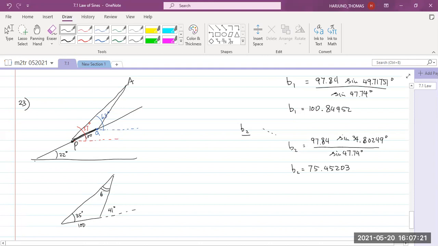I wonder if you remember that one theorem in geometry. 41 degrees is this. You see that this angle here is 63, but this is 22.